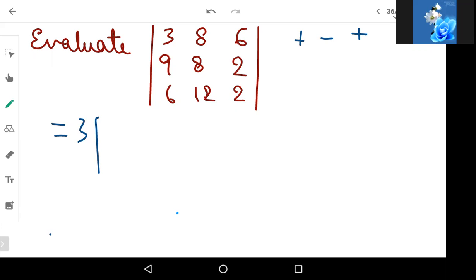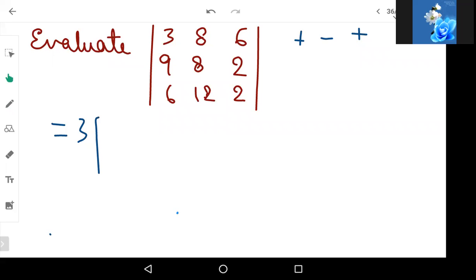Now, can you tell me which elements I have to take in the determinant? Let us see if you have understood or not. So taking this 3, which elements should I write in the determinant? 8, 2, 12 and 2.